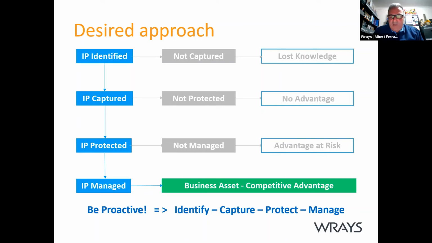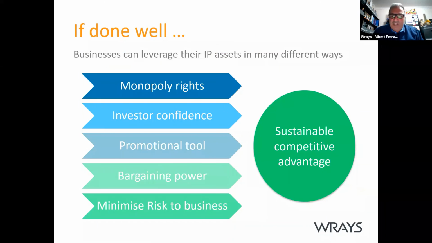So these are my soapbox items again: identify, capture, protect, and manage is going to give you the right foundation to be able to then go the next step and use that IP to do whatever you need to do: attract investment, ward off evil by establishing a monopoly rights position, use it to promote your business or bargain with third parties.